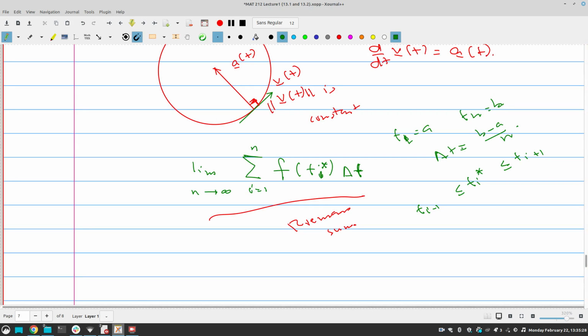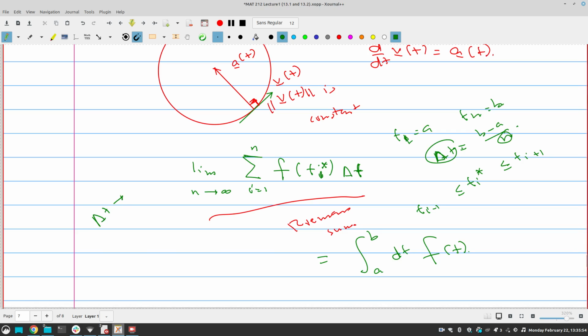If you recall from single variable calculus, this is going to give me the integral from a to b of f of t dt. Now, in terms of vector functions, just one more point: as n goes to infinity, delta t goes to 0. So this is how you deal with the Riemann sum.